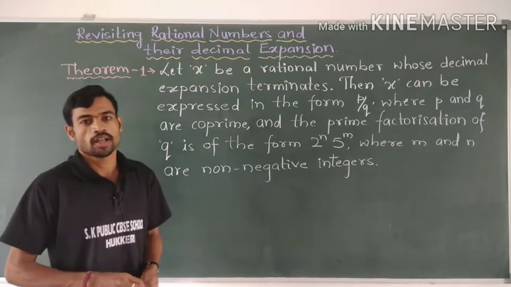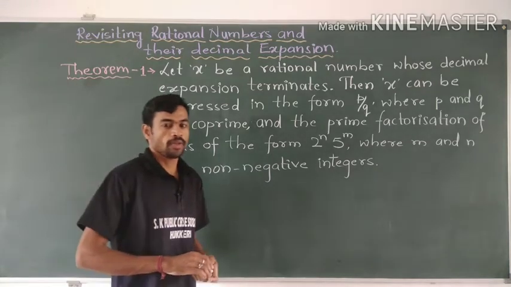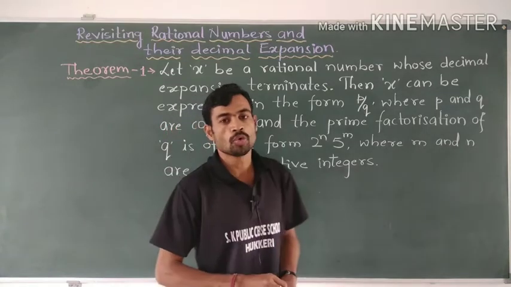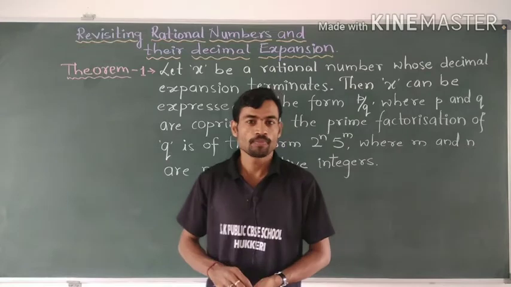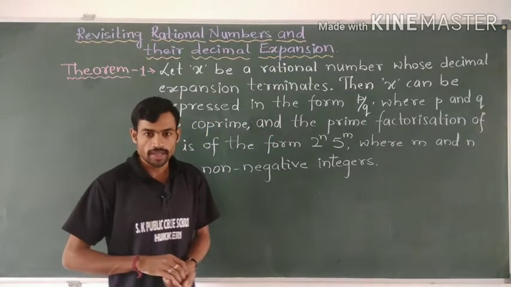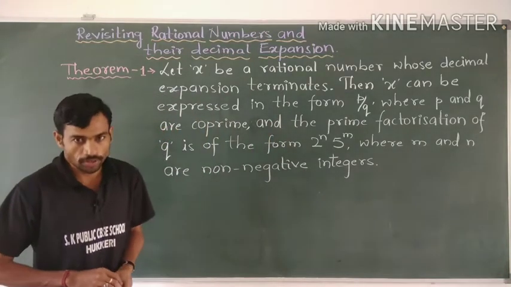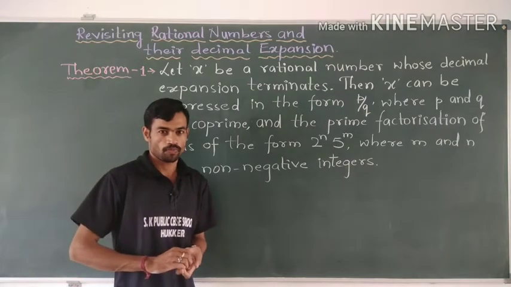Dear students, in the previous class we discussed how to prove root 2 is an irrational number, root 3 is an irrational number, root 5 is an irrational number. Clear?